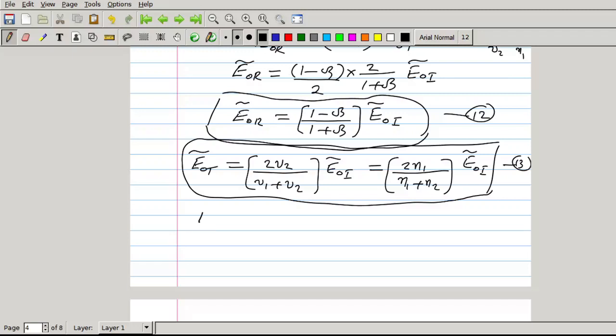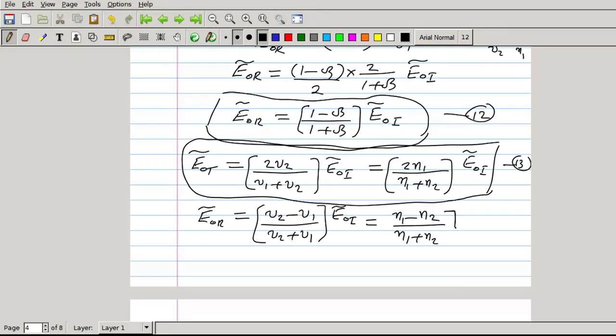So E0R equals V2 minus V1 by V2 plus V1 into E0I, or N1 minus N2 by N1 plus N2 into E0I. This is equation number 14.